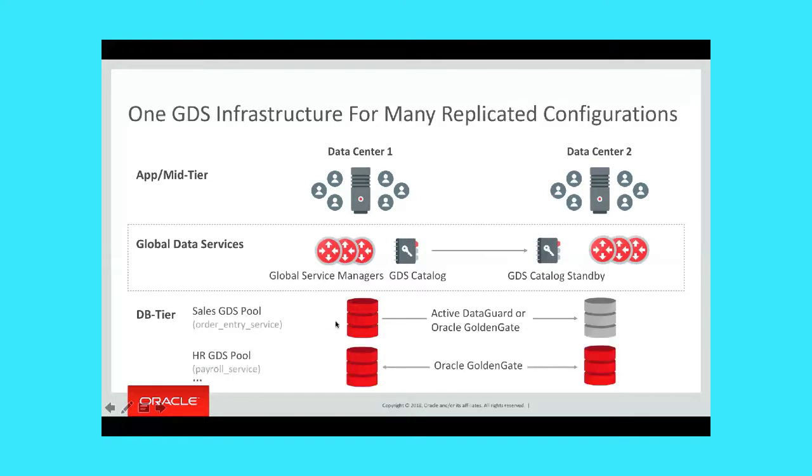Like in this example, I have a sales pool, and I could have an HR pool, and I could have a series of pools, up to 20 such pools governed by one single GDS infrastructure. Okay, and I could have 5 GSMs in each region. I could have 10 regions altogether, and I could have numerous thousands of database instances. Okay.